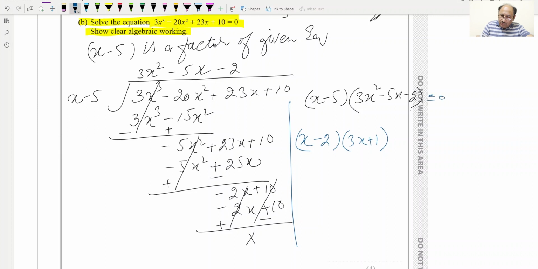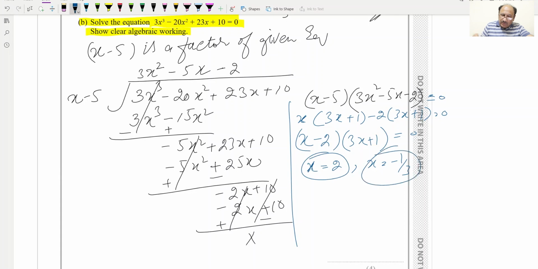First we'll write x into 3x plus 1 and minus 2 into 3x plus 1 is equal to 0, and this will be x is equal to 2 and x is equal to minus 1 by 3. So these will be the two answers which we got.